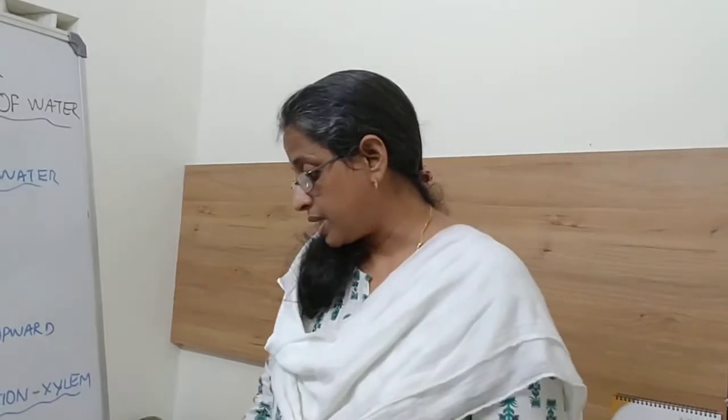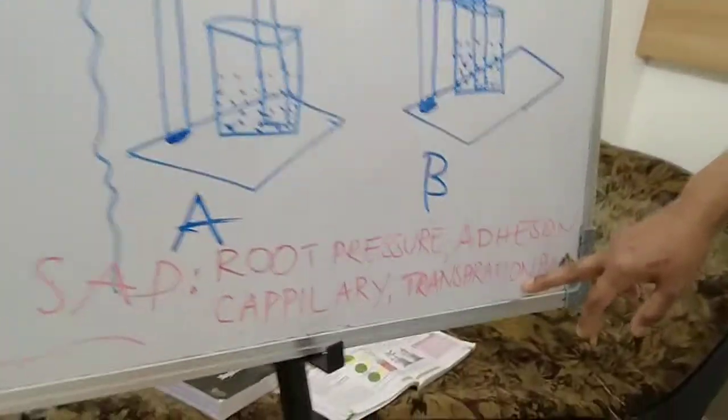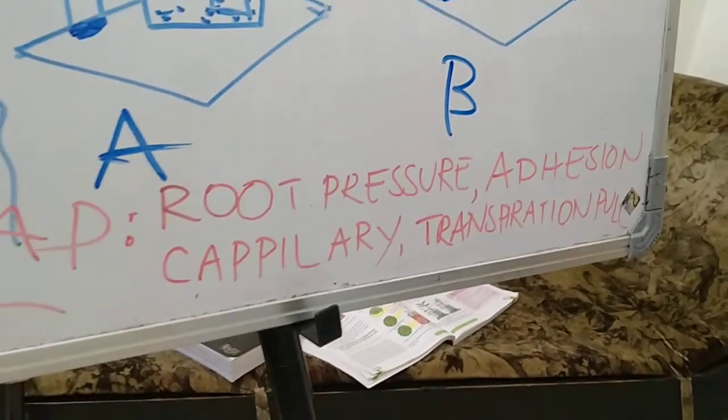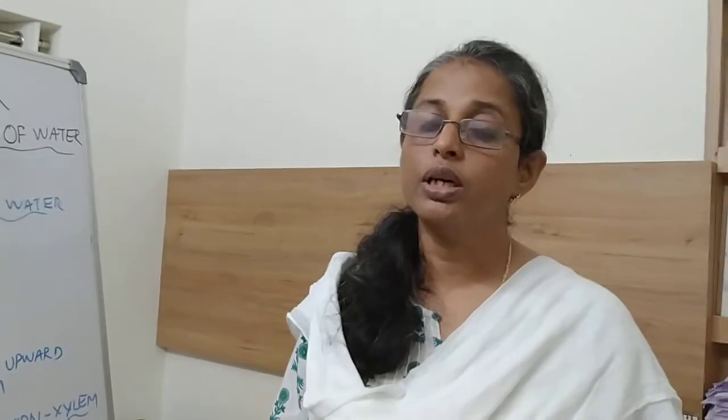The third thing is transpiration pull. What is transpiration? It is the loss of water from the aerial part of the plant as water vapor due to the heat of the sun. As the water is lost, it has to be replenished, so there is a suction force from above.